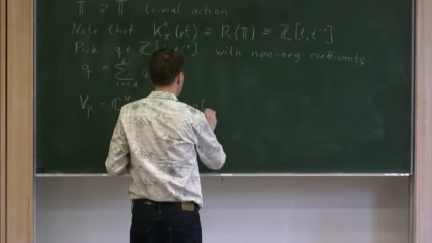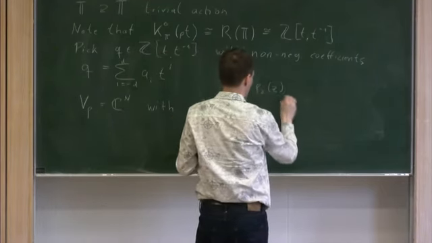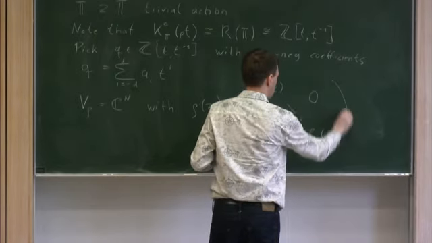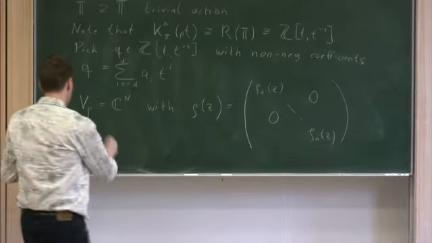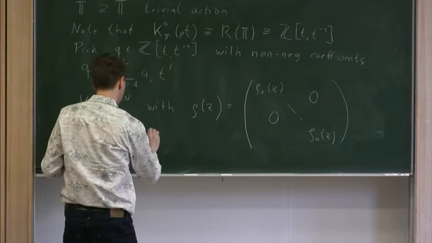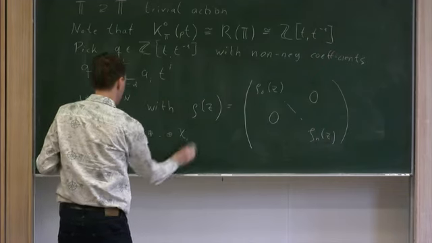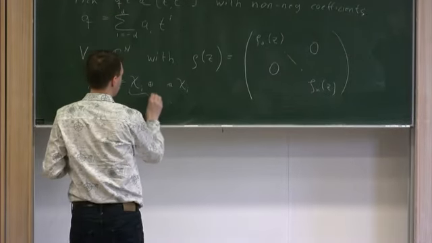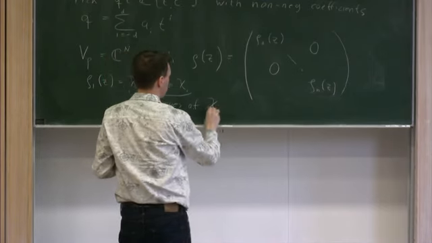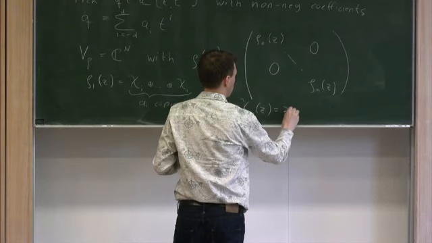So I have a representation like this, where rho of z is just the direct sum of the ith character. So I have a_i copies of psi_i, where psi_i is just this thing.